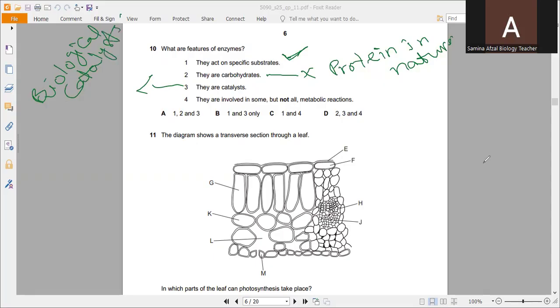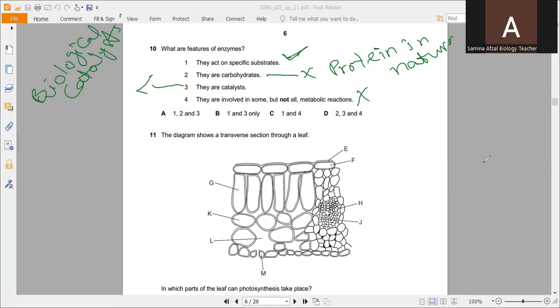They are involved in some but not all metabolic reactions.